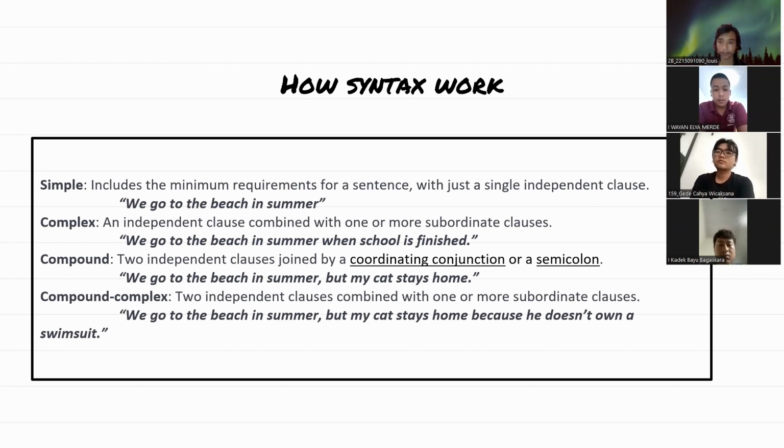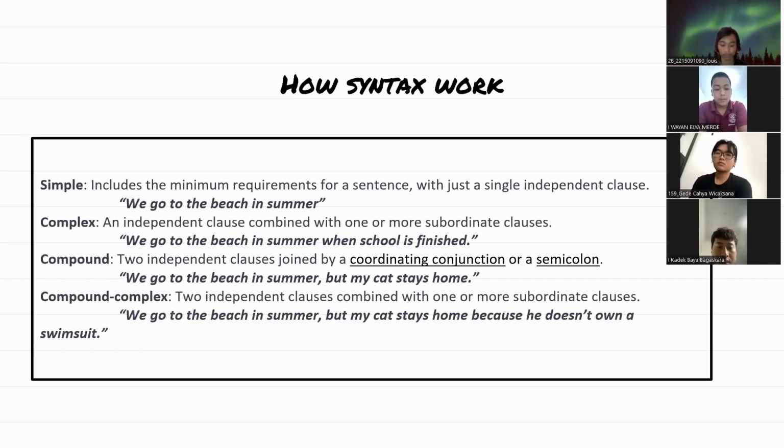The first one is by including the minimum requirements for a sentence, just by using a single independent clause. For example, we go to the beach in summer.